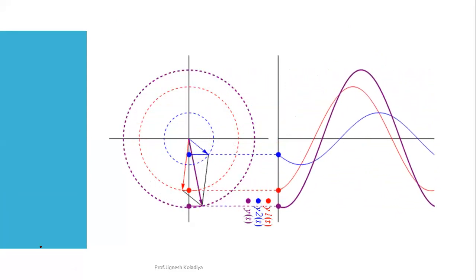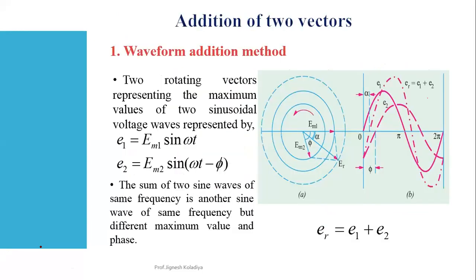But if you think right now, what we have done, I'm taking multiple instantaneous points and one by one we are adding together, right? The method looks very easy because here only two vectors are given.